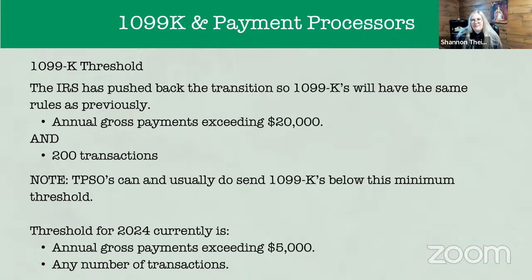But I know we have gotten 1099Ks that are below the minimum threshold. My husband's company, for example, he gets a 1099K and he doesn't exceed $20,000 in sales through the merchant account or 200 transactions.